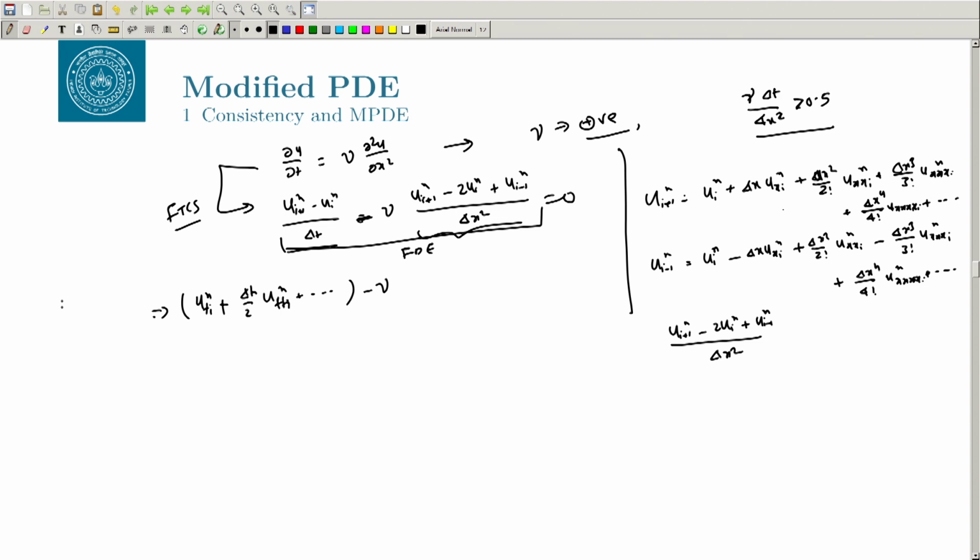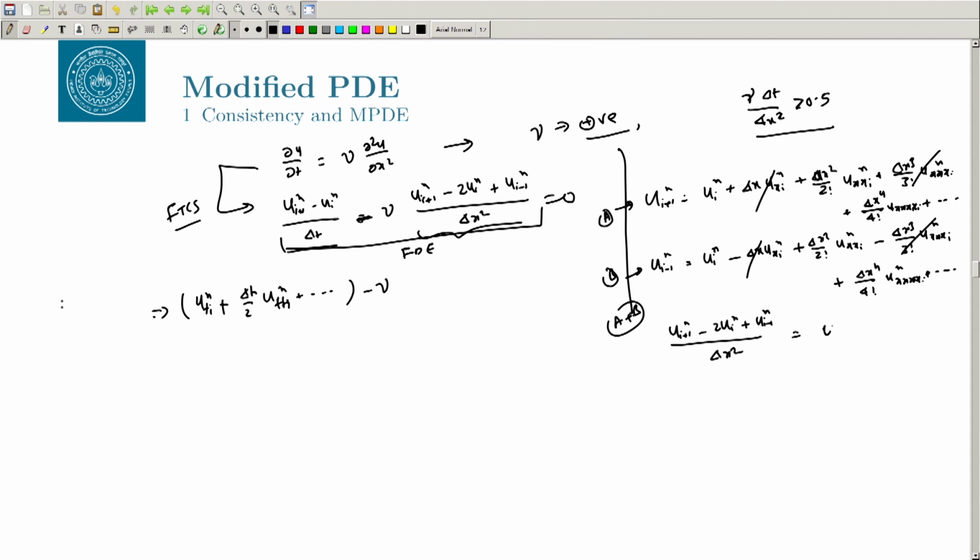If I add a and b, then this term, the odd terms, will get cancelled out, the third will get cancelled out, and that is why I had to write the fourth derivative. The delta x square term gets 2 multiplied by factorial 2, which becomes 1.